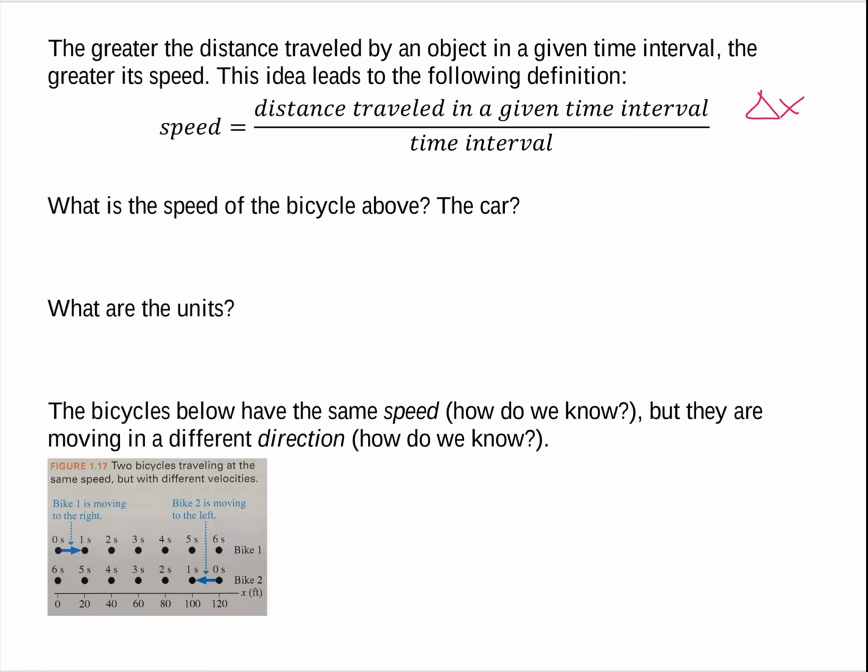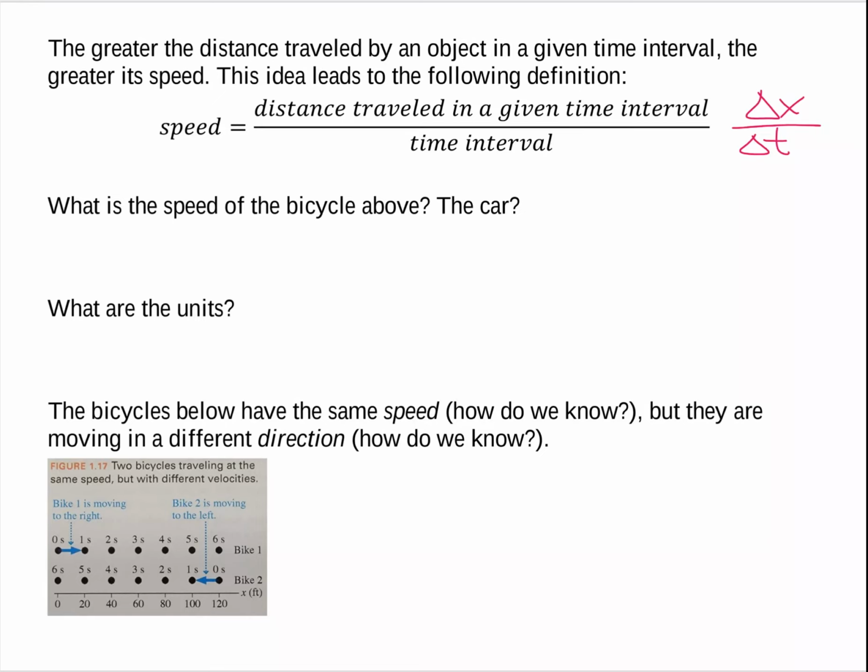It wasn't just T sub I or T sub F. It was T sub F minus T sub I, which would make it delta T. The time interval is delta T, from start to finish. So we now have a formula almost for speed. We'll talk about it a little bit later. The formula for speed is delta X divided by delta T.